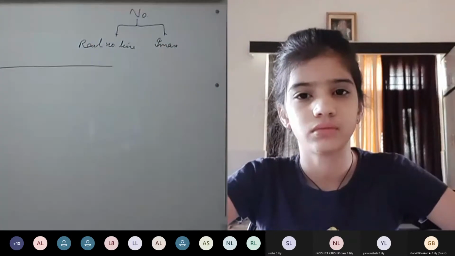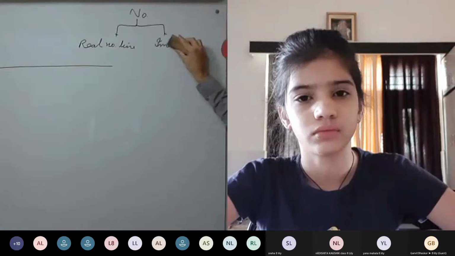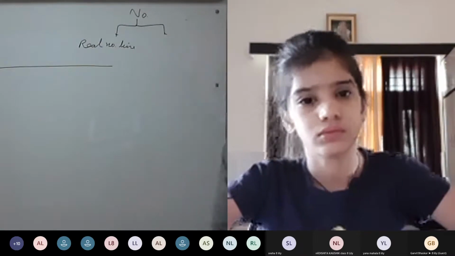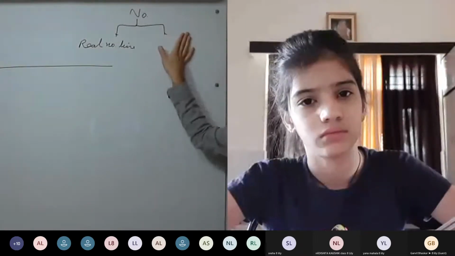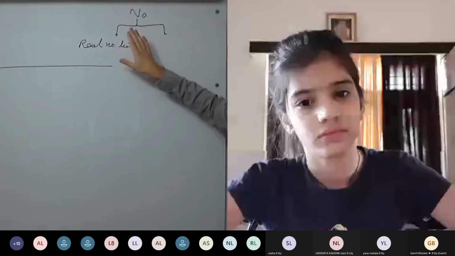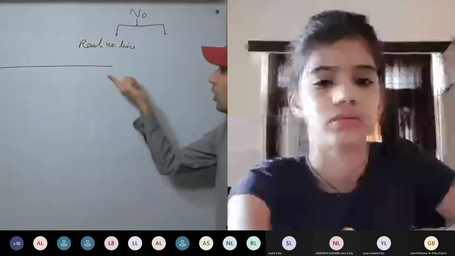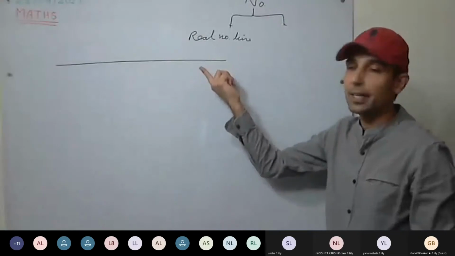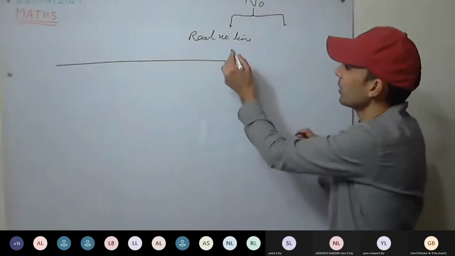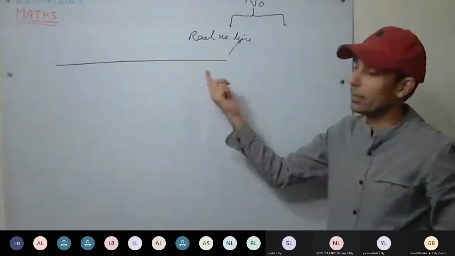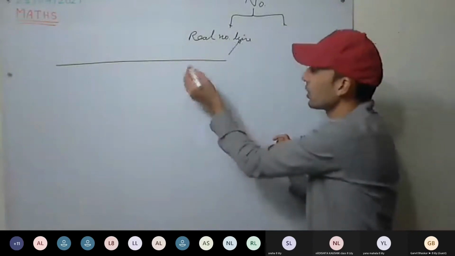Imaginary ones we call complex. Complex numbers are there, but leave them. So real numbers lie on this line. Therefore, we call this line the real number line. All the real numbers can lie on this line.